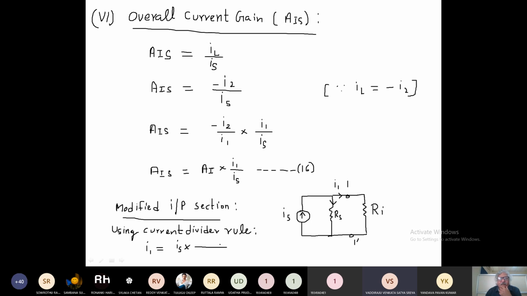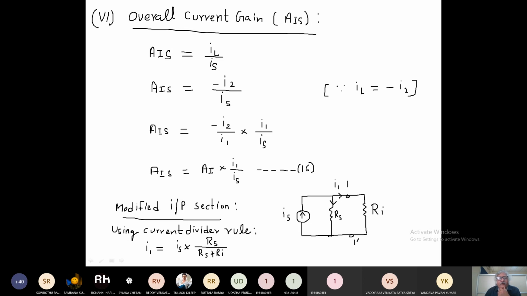RS by RS plus RI. Yes, it is RS by the total resistance, RS plus RI.